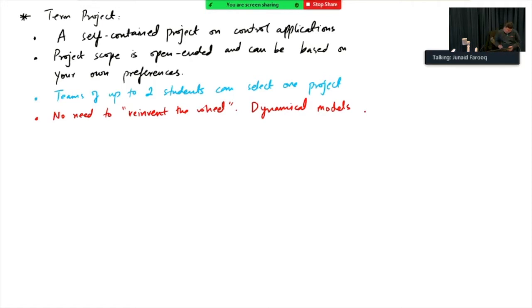People have developed dynamical models, and you don't need to start from scratch. You can leverage existing results and existing models to do something which is a bit higher level than the absolute lowest level.